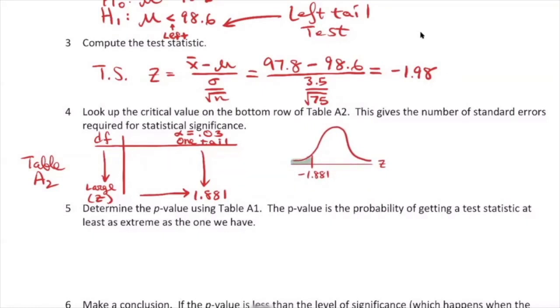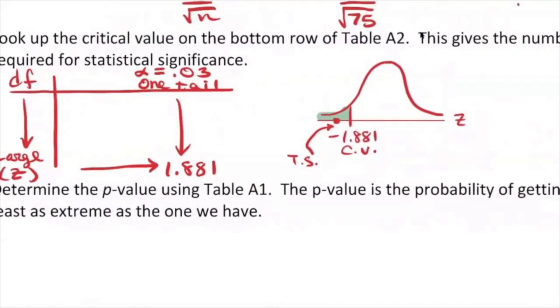our z-score, the test statistic, is coming out to the left of this. So the negative 1.881 is a critical value, but the test statistic was negative 1.98. And because that's in the tail, we consider that significant.